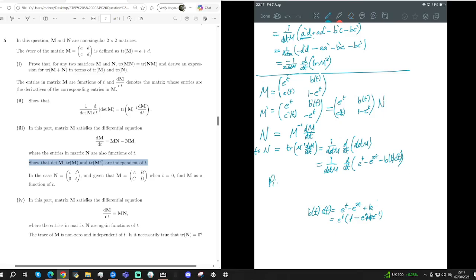Pick b of t to be equal to e to the power of t, and ct to be 1 minus e to the t plus e to the minus t. I have purposely dropped the k this time.